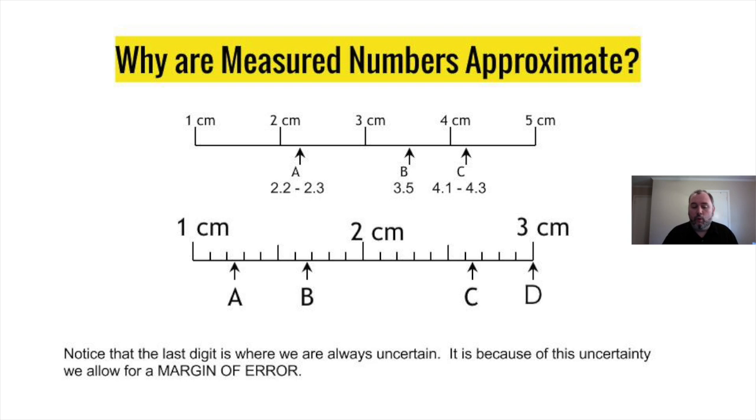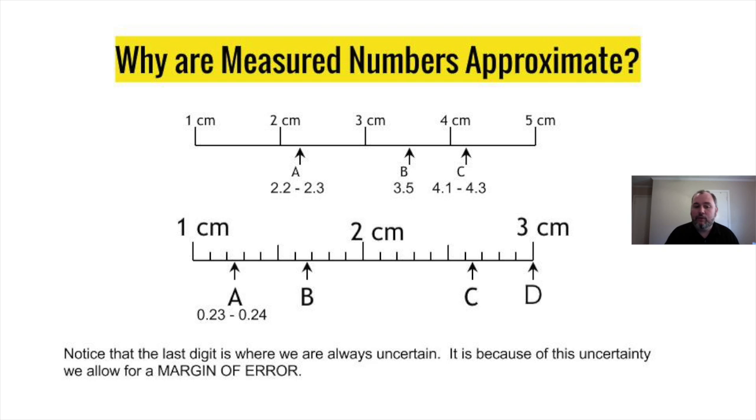Notice that we're still in centimeters, but there are individual tick marks between the numbers. And so what we're actually counting by now is not a whole centimeter, but by 1/10 of a centimeter. So in A, we can estimate this to be 0.23 through 0.24 centimeters. The only thing that we know for certain is that it's at least 0.2, but the last digit, in the hundredths place, we're slightly unsure of.